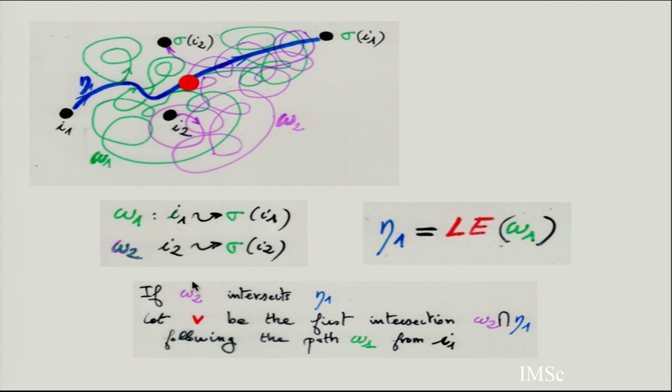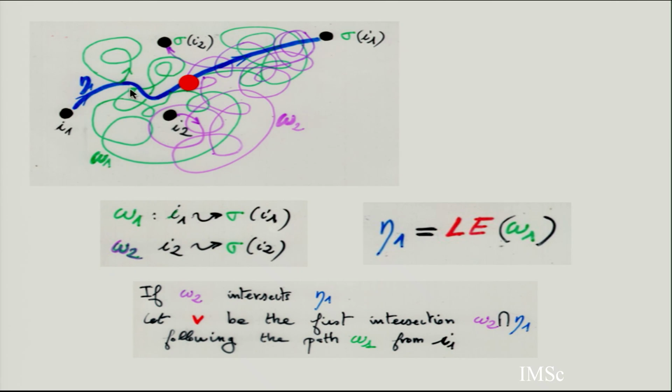So if omega 2 intersects eta 1, the blue path, let V be the first intersection point following the path omega 1 from I1. On the blue path, you have the green path, and you look at this blue part.